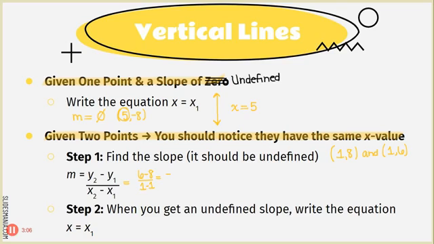So I get -2 over 0. We know we can't divide by 0, so that is going to be undefined. Automatically when I have an undefined slope, I know that I am going to have a vertical line, and my equation should always be x equals the x value of my ordered pairs. Notice both x values are 1, so my equation is x equals 1.